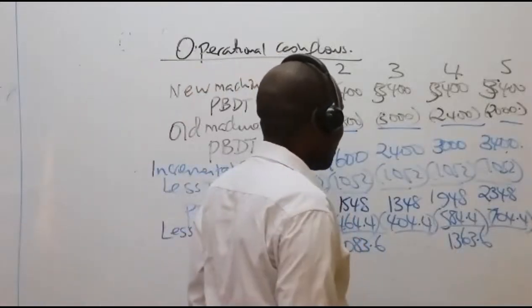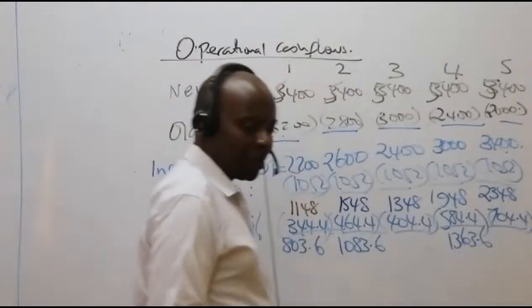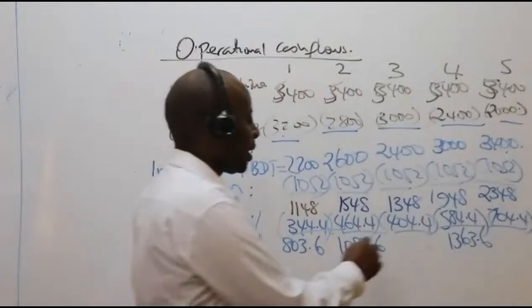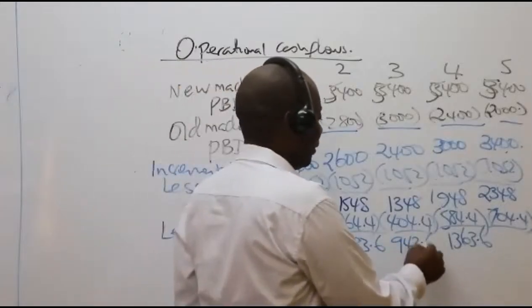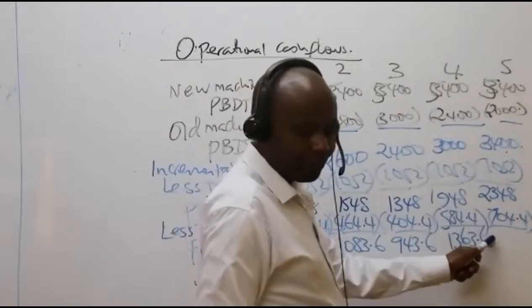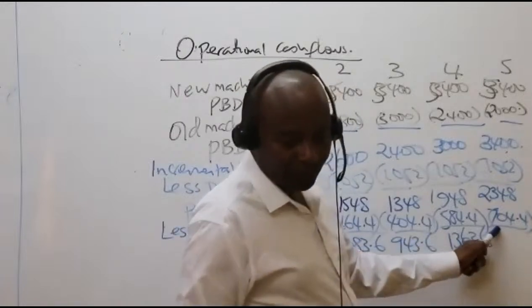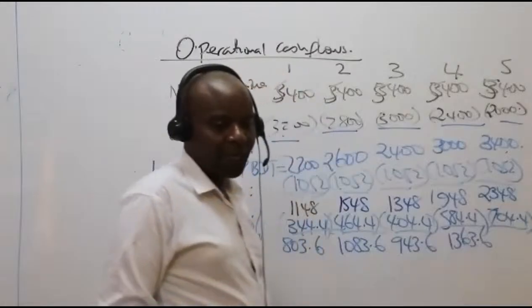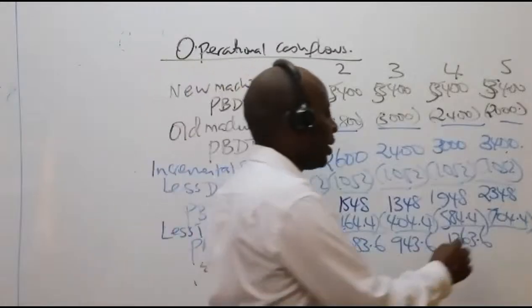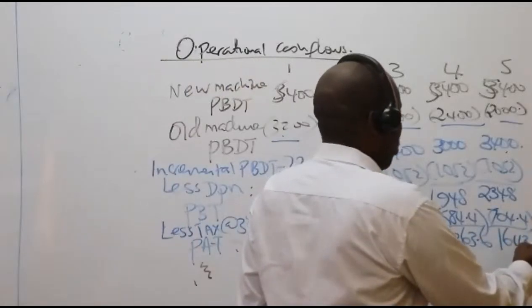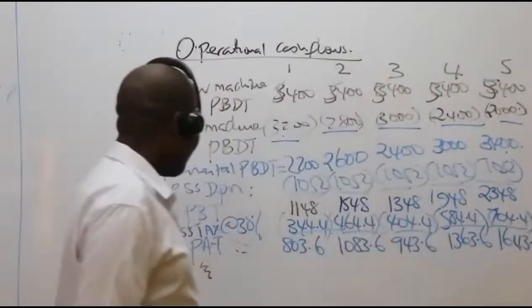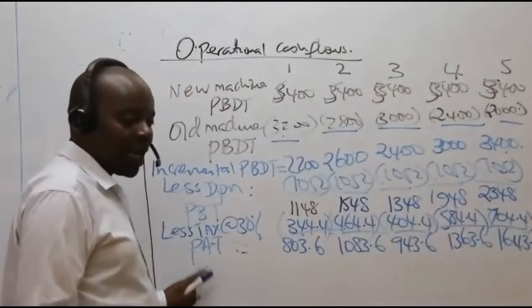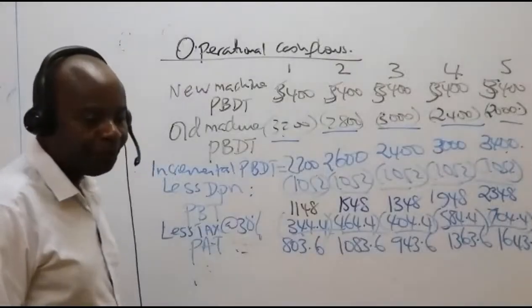Nope, 943.6. I think the 1643.6 one is here. The last one, 1643.6. So having gotten this profit after tax, what do you think will be the next thing to be done?